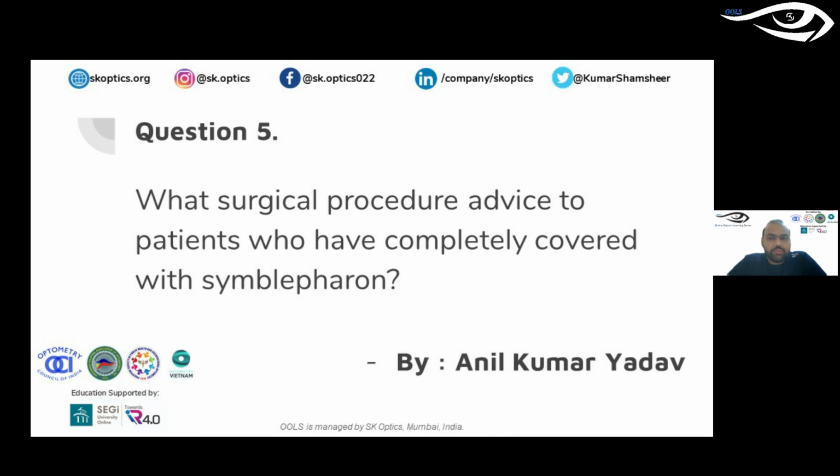But if you look at surgical procedures, I think even an amniotic membrane graft might be preferred. And sometimes, if the symblepharon and the dry eye present in the patient are due to Stevens-Johnson syndrome or any other syndrome, then probably keratoprosthesis would be the ideal way of treating the patient.